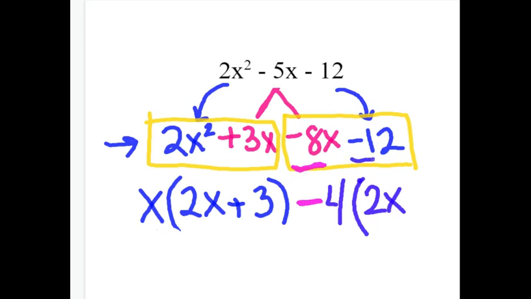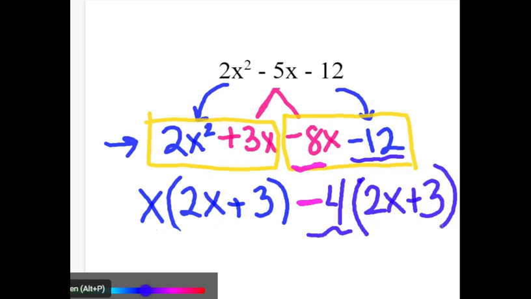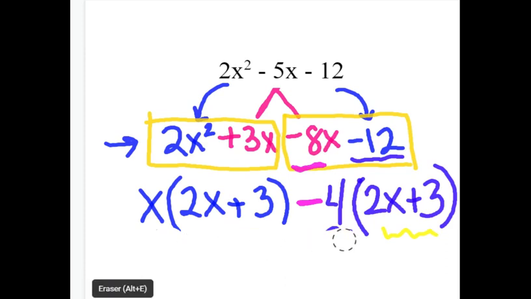Then how do I get a -12? Now be careful, we already have a negative here, so I would need a +3. Now, again, if you aren't sure, these two binomials should match. If they match, you know you're doing it correctly.